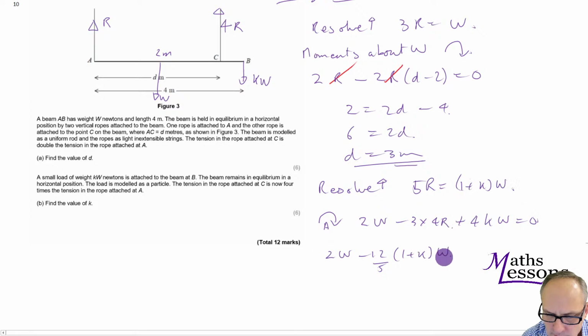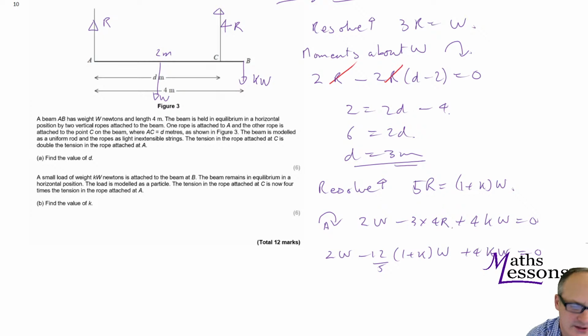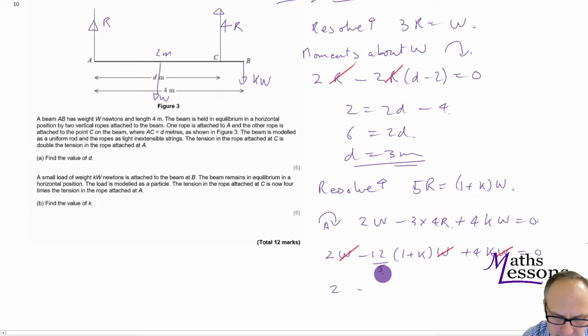And then we've got the (1 plus k)W plus another 4kW equals 0. What you will notice here is that all the W's cancel, and therefore we've got an equation with just k in it. So we've got 2 minus 12/5 minus 12/5 k plus 4k equals 0.